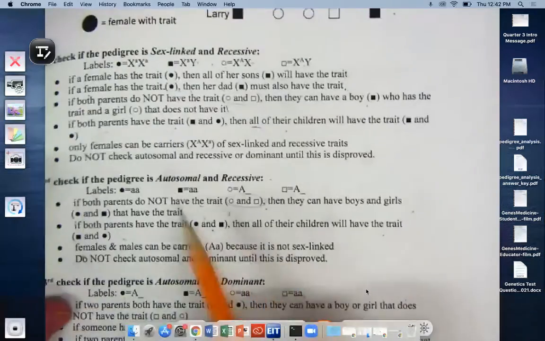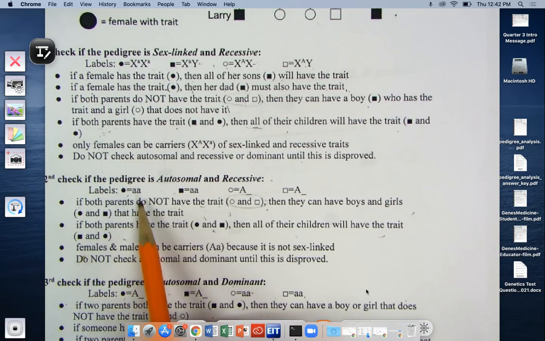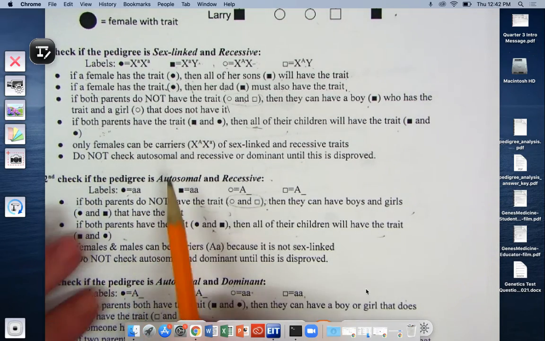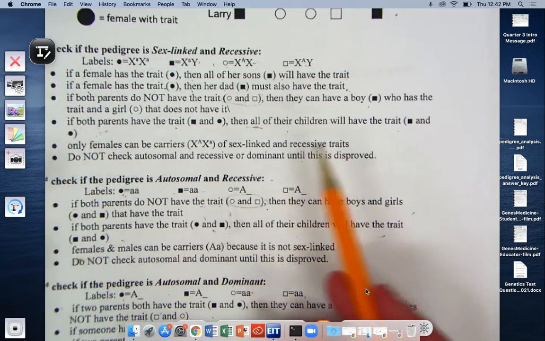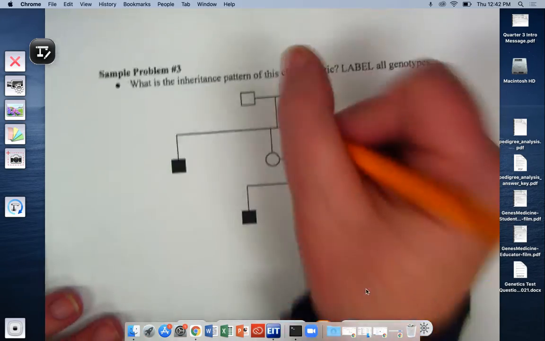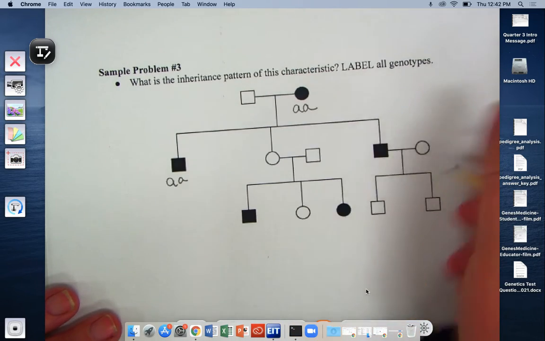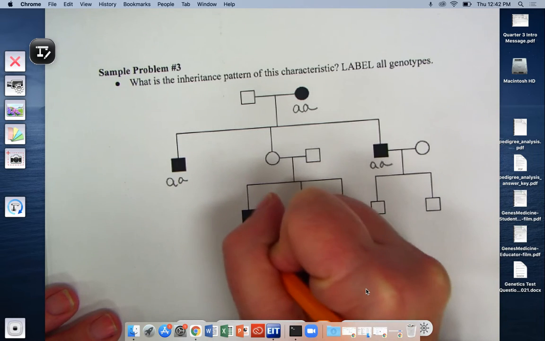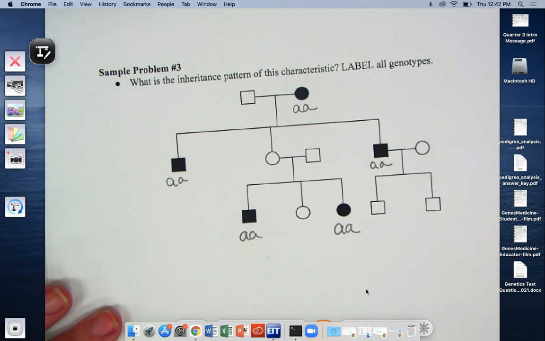And then again, I'm going to fill it out the way it says. So this is opposite of the dominant, right? So we're looking here. If they have the trait, they're going to be homozygous recessive. So I'm going to look at it, find all the ones that have the trait, and I'm writing homozygous recessive.